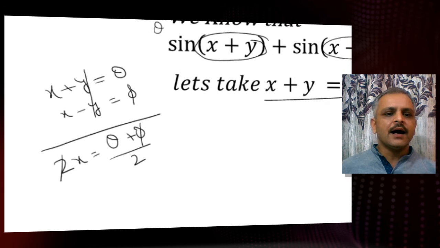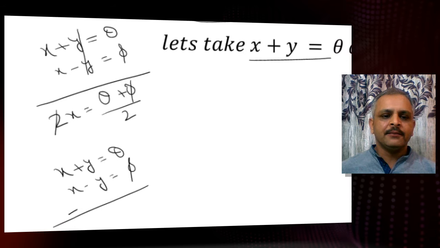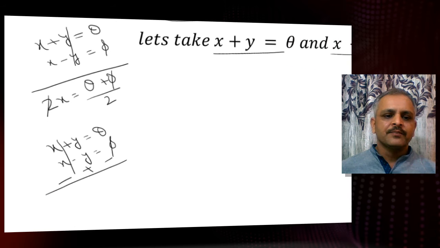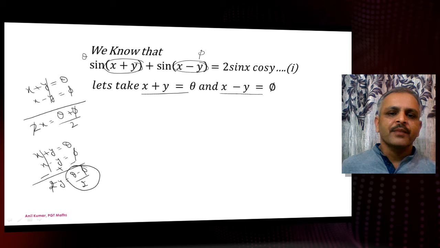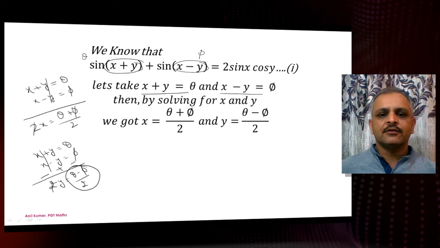And in case I subtract them, I'll get 2y equal to theta minus phi, and this y will be (theta-phi)/2. So that will be the value of x and y.